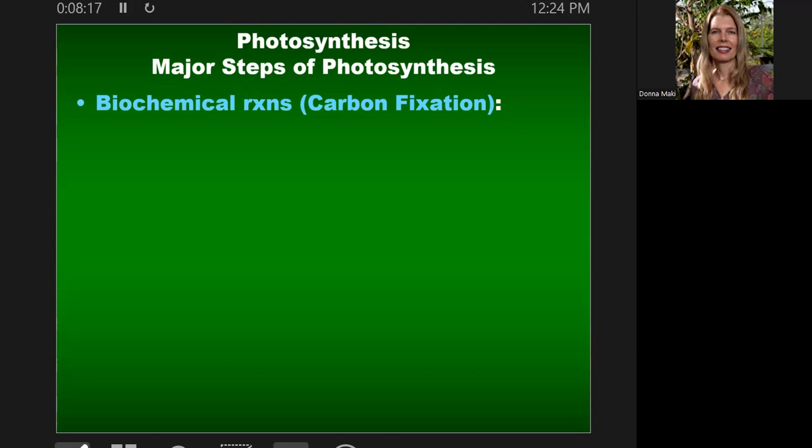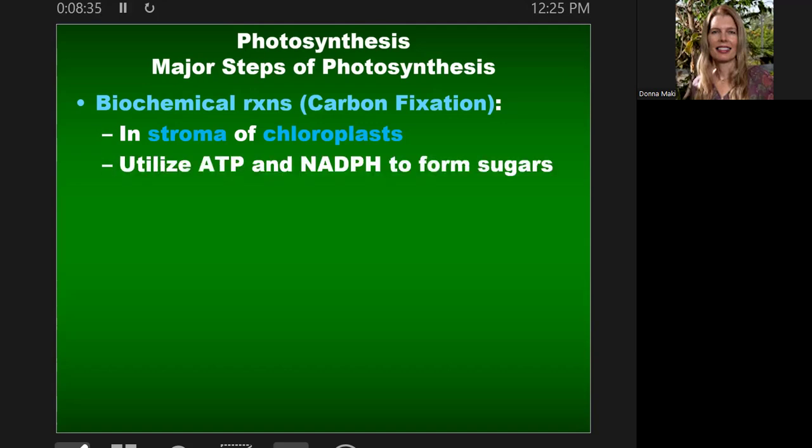So this is going to be happening in the stroma portion of the chloroplast, right where NADPH is being made and ATP is being made. So it's good that the carbon fixation is also taking place right there, and it's very easy then for ATP and NADPH from the light reactions to be used.